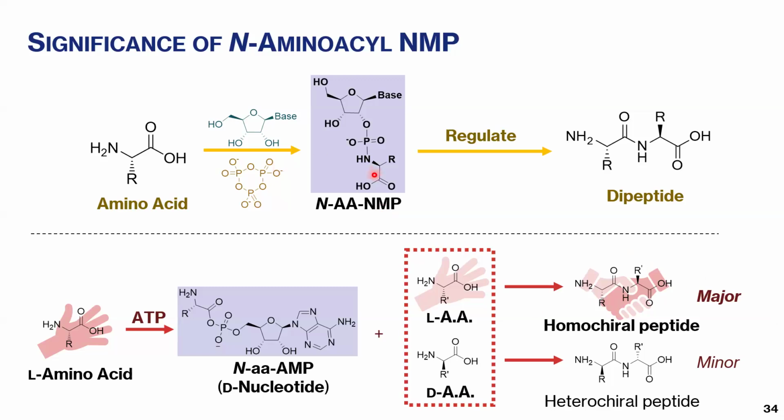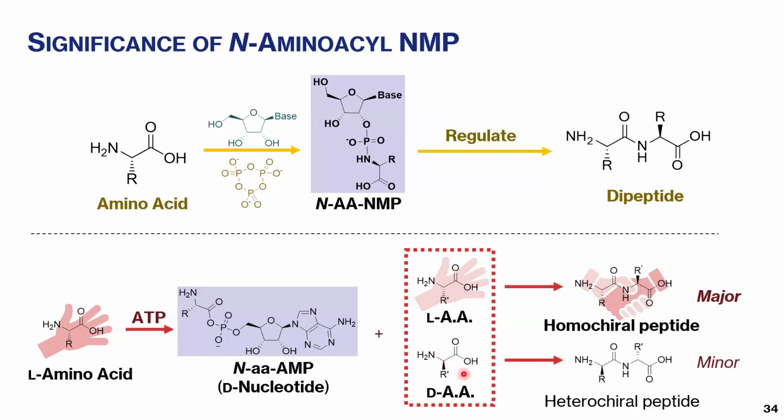So using these molecules, with amino acid AMP as a primitive tRNA model, we simulated the early Earth aqueous environment by subjecting racemic amino acids and nucleosides to chemical reactions in a triphosphate-containing aqueous solution. The result indicates that during NAAMP formation, amino acids and nucleosides exhibit chiral selection.